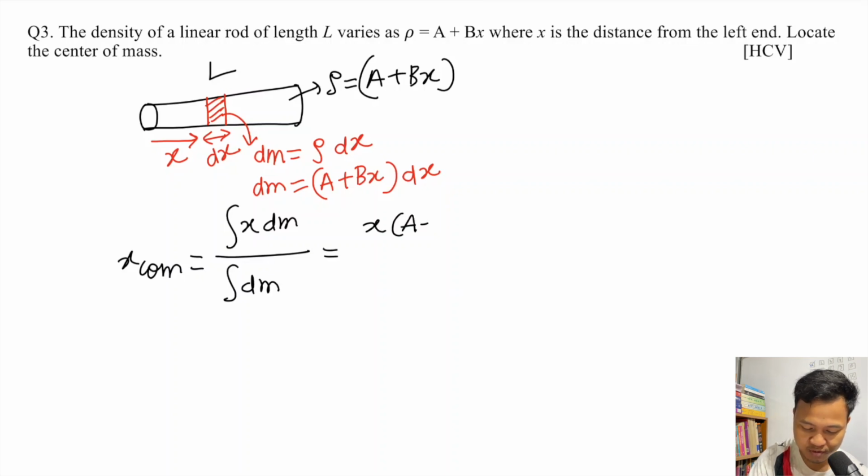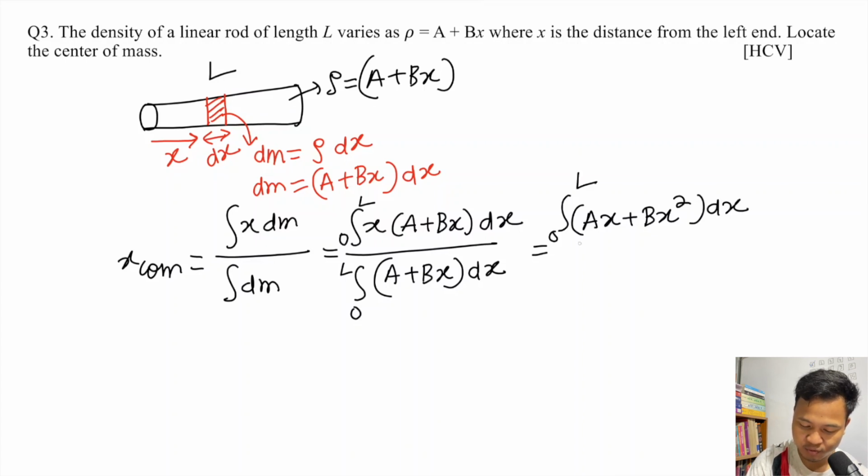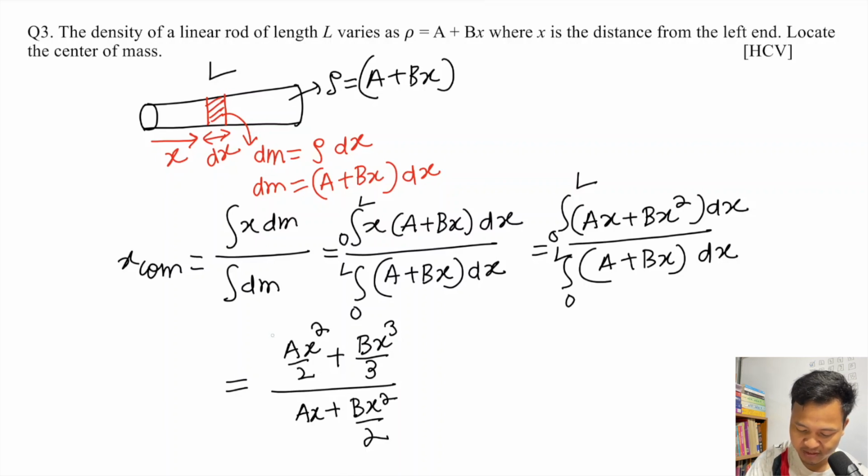So x into dm is x into A plus bx into dx, integrated, divided by integral of A plus bx dx, from 0 to L. So here it is integral of ax plus bx square dx from 0 to L, divided by integral of A plus bx dx from 0 to L. You integrate: ax square by 2 plus b into x cubed by 3, divided by ax plus b into x squared divided by 2, with limits 0 to L.